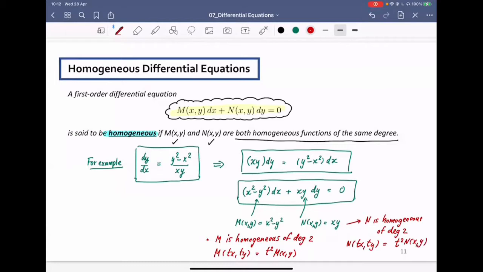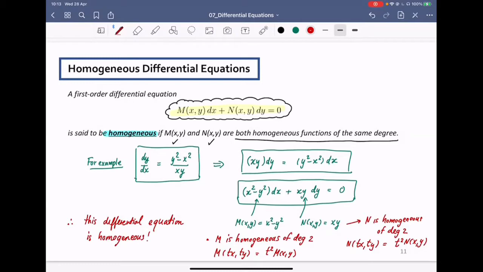Well, because M and N are both homogeneous of degree 2, your conclusion is this differential equation is homogeneous. All right.